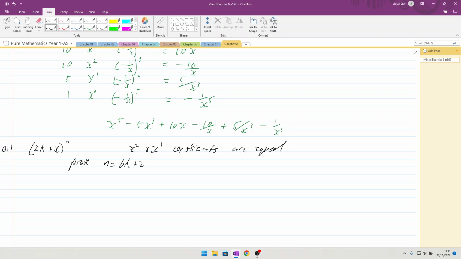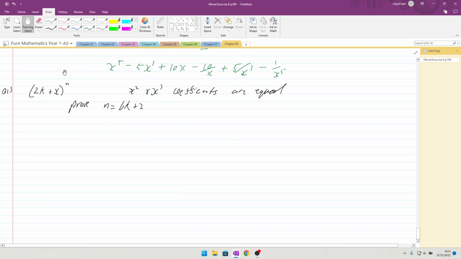So I suppose we better have a look to see what the coefficients of these are. So we are going to have nC0, nC1 for x to the power of 1, nC2 for the x squared, and nC3 for the x cubed.